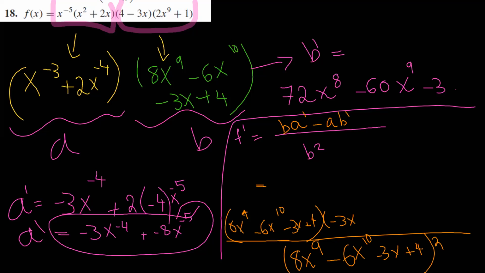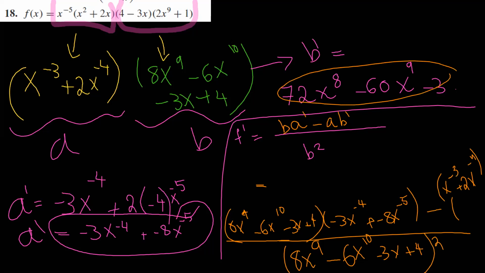It's negative 3x raised to the power negative 4 plus negative 8x raised to the power negative 5. Now all of them minus A. Where is A? It is x raised to the power negative 3 plus 2x raised to the power negative 4 times B prime. Where is B prime? Which is this one. 72x to the power 8 minus 60x to the power 9 minus 3. Is it clear?